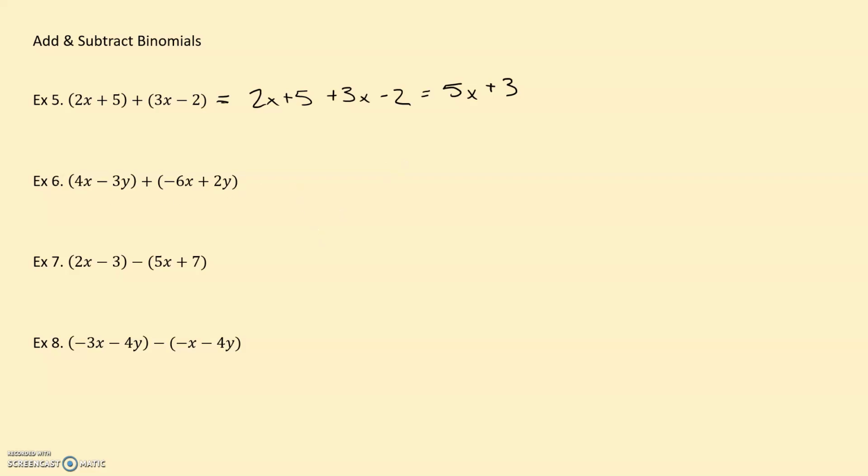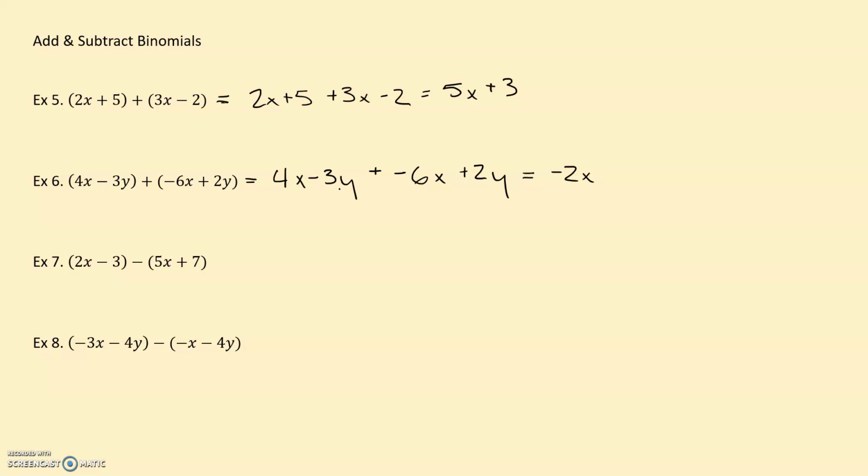So here, once again, nothing to distribute, nothing outside. So we can go ahead and drop the parentheses: 4x minus 3y plus -6x plus 2y. So the 4x and the -6x can be combined. So that would be minus 2x.